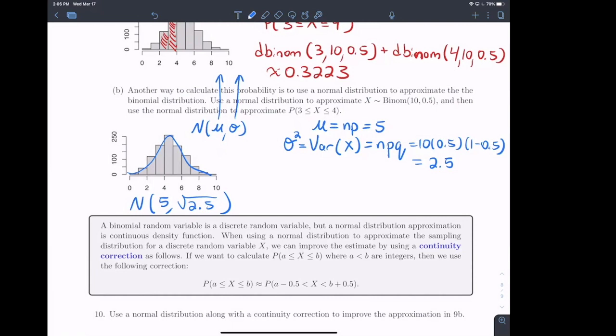So all we're doing is saying, let's find the mean and the standard deviation of the binomial distribution, and use those parameters to approximate the binomial distribution with a smooth curve for the normal distribution. And then we could use this normal distribution to calculate this by saying, let's take p norm of 4 and subtract p norm of 3.